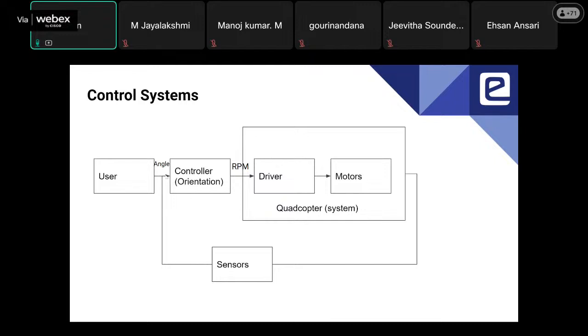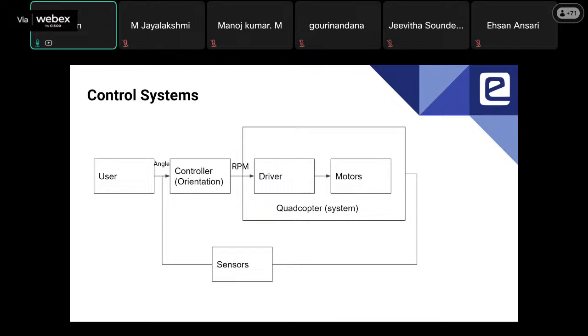So it will be like the user will say, I want to pitch 10 degrees. Initially the entire system is at 0 degrees without any roll, pitch or yaw. The user gives this and we will have a sensor feedback. The pitch we want to achieve is 10 degrees, our current value is 0.